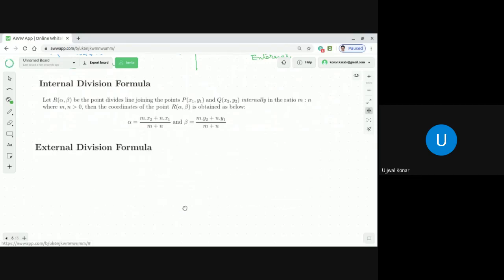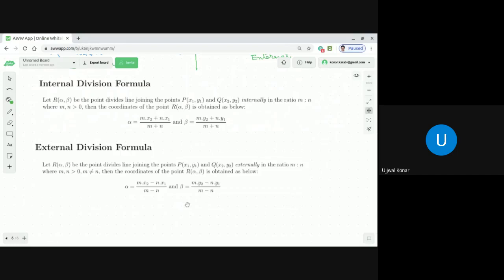Here we are saying, dear students, let R(alpha, beta), that means the coordinates of the point are alpha, beta, be the point that divides the line joining the points P(x1, y1) and Q(x2, y2) externally in the ratio m is to n, where m, n greater than 0 and m is not equal to n, otherwise it is of no meaning.